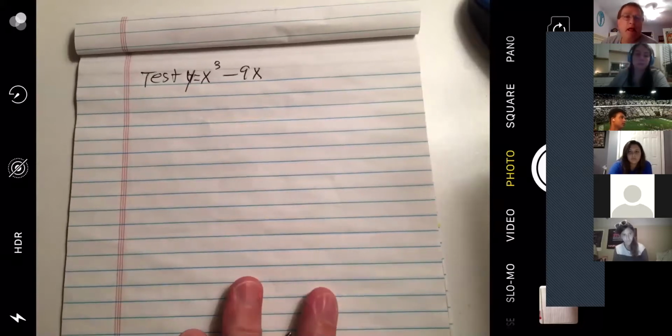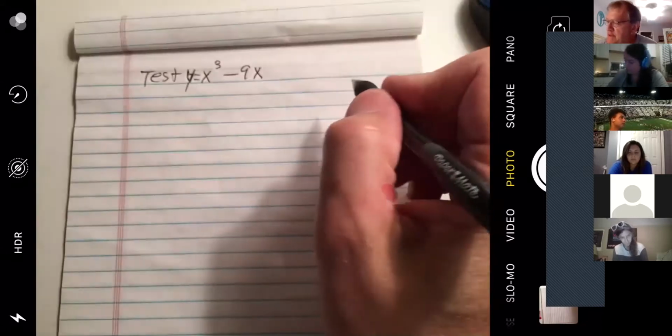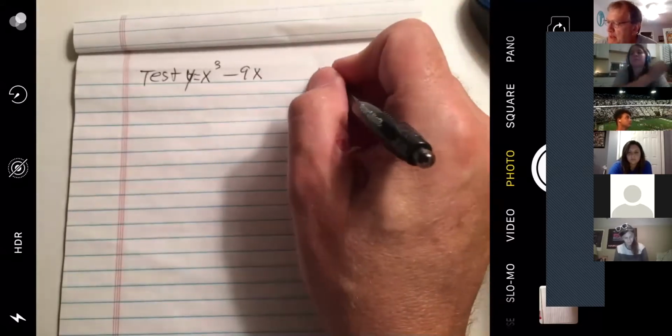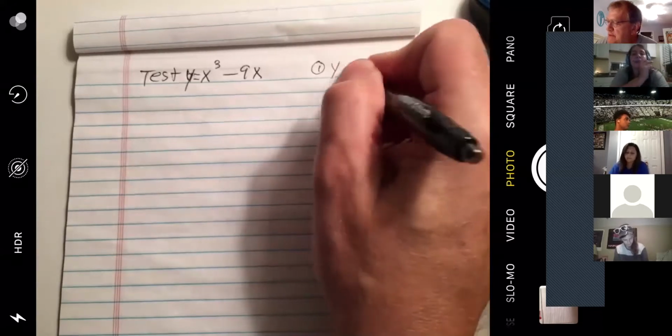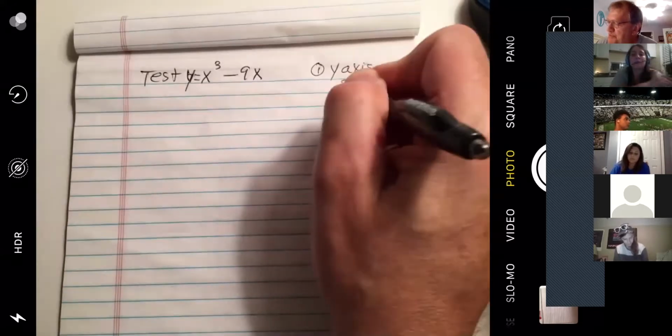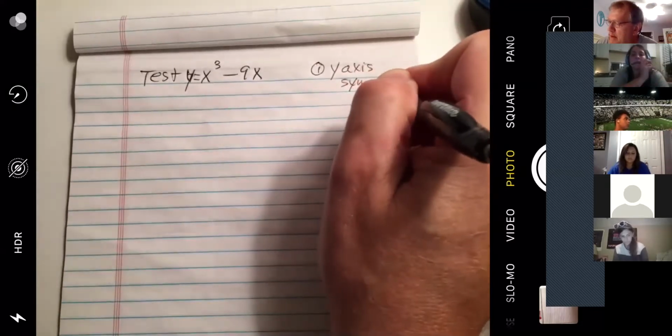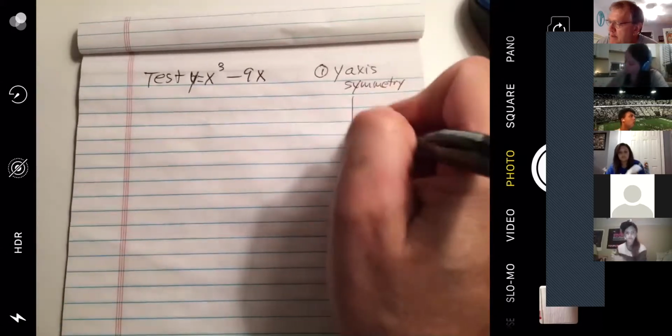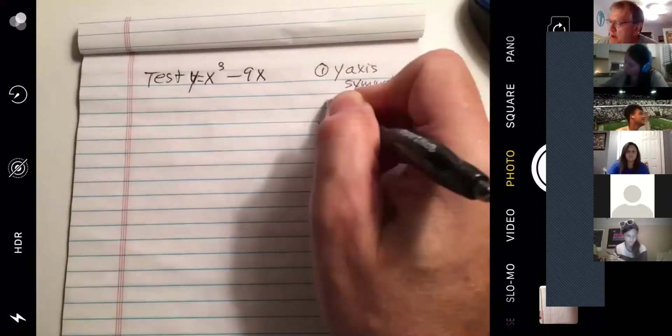Basically, how to explain it really quick. There's really two kinds of symmetry. Y-axis symmetry. All right, the simplest function that does that is x squared.